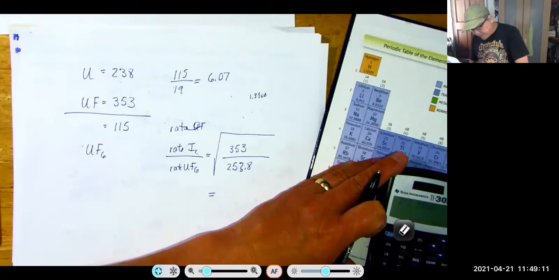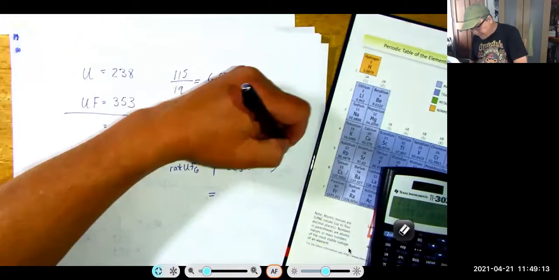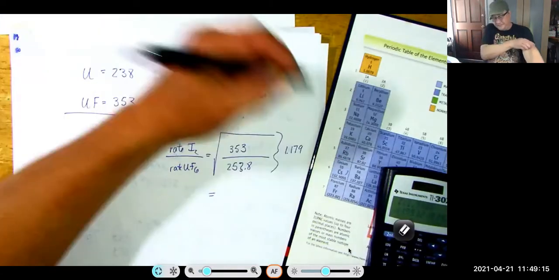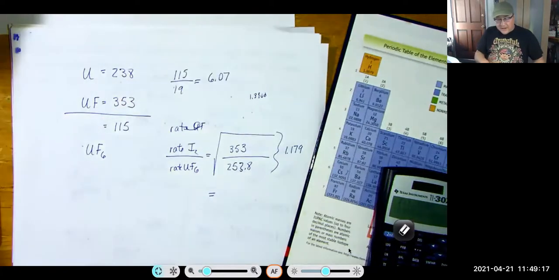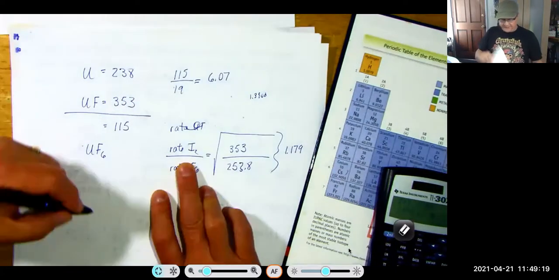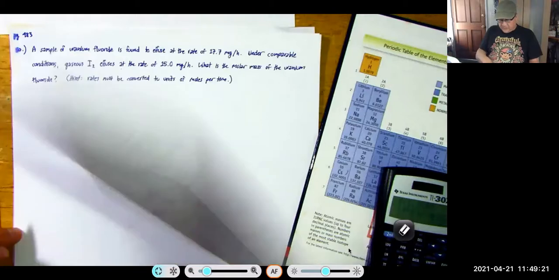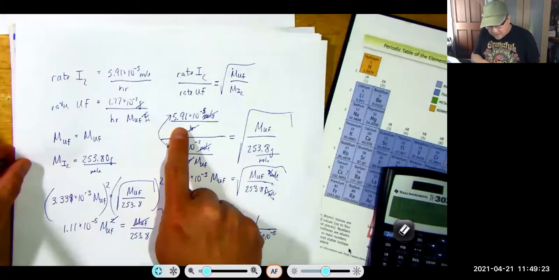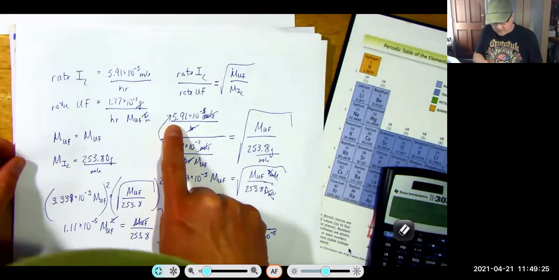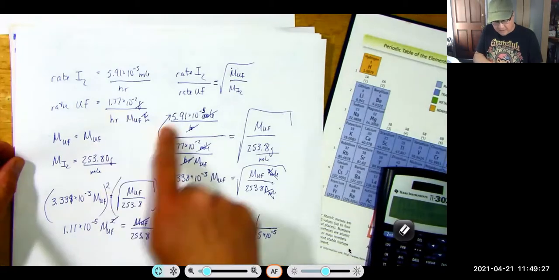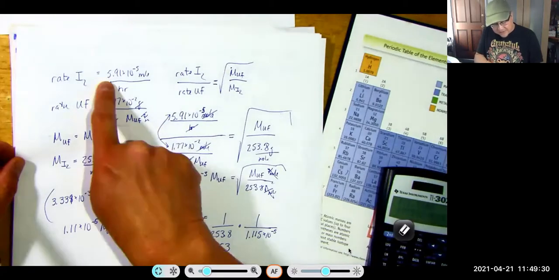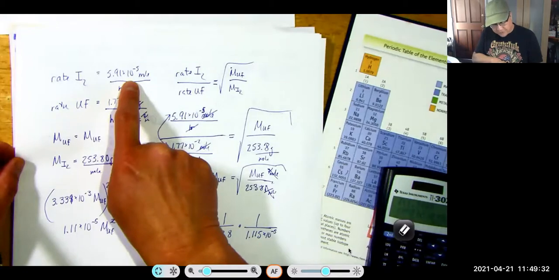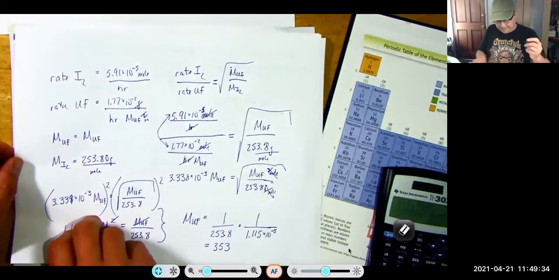Okay, so for this side, I get 1.179. And we already know that the rate of I2 is 5.91 times 10 to the minus 5 moles per hour.